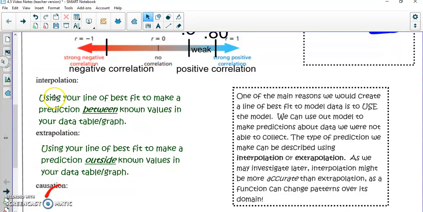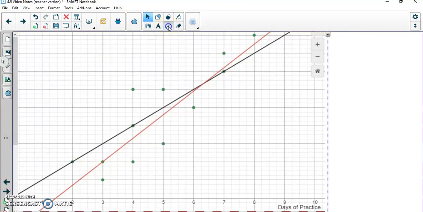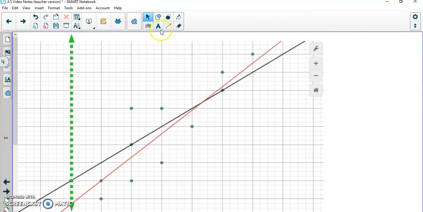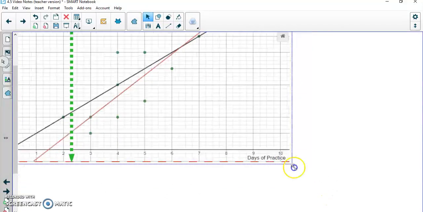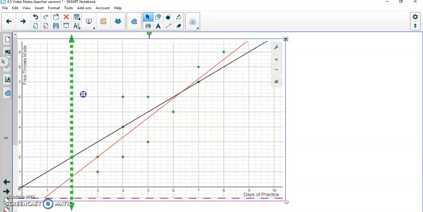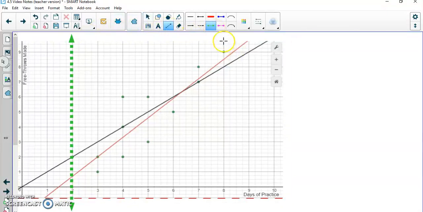So interpolation is when we use our line of best fit to make a prediction between the data points that we have. For example, on this graph here, I have data points from the x value of 2, or the days of practice, and then I think my last data point is right here.